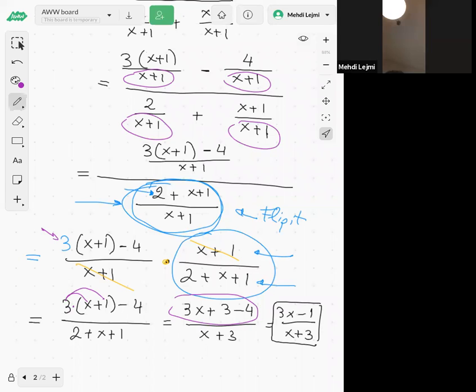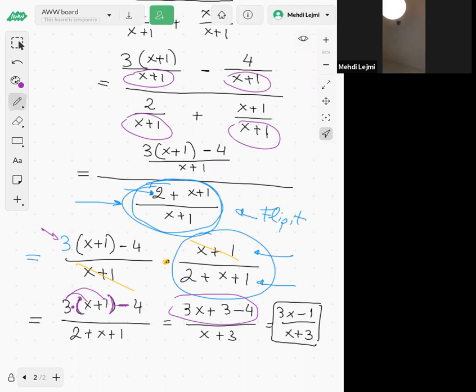It's the PEMDAS rule. There's a parentheses, but then you have to do the multiplication before the subtraction. That's why I multiplied by 3 first the x plus 1, because of the PEMDAS rule.